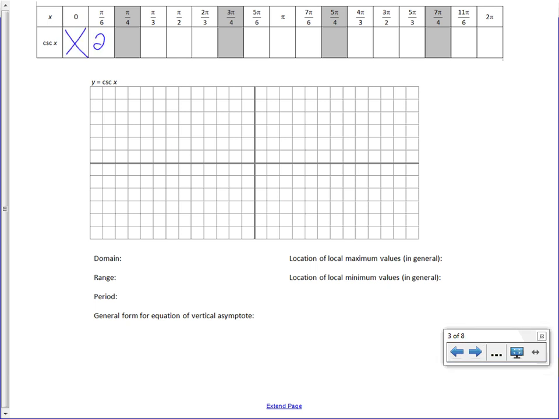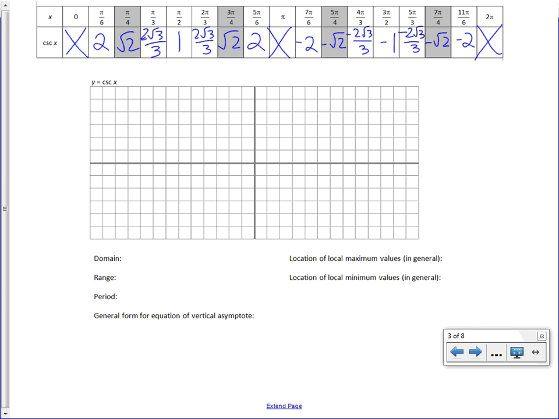So undefined, 2 root 2, 2 root 3 over 3, and 1, and then 2 root 3 over 3, root 2, 2, undefined, and then I repeat that, just all negative. So it's going to be negative 2, negative root 2, negative 2 root 3 over 3, negative 1, negative 2 root 3 over 3, negative root 2, negative 2, undefined.